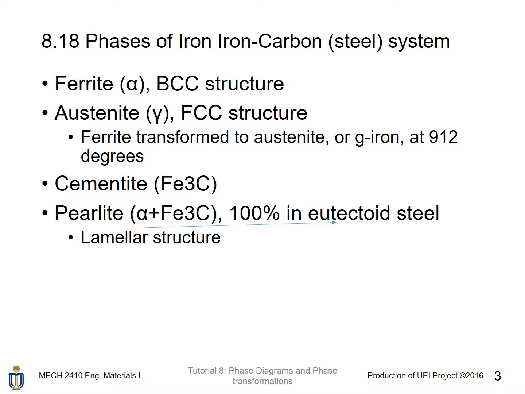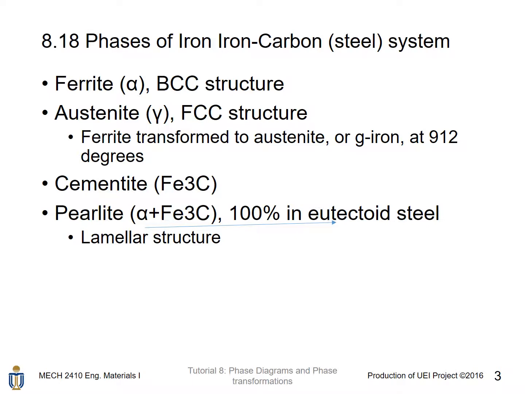It can only exist at a higher temperature. When ferrite transforms to austenite or gamma iron, it will transform at 912 degrees Celsius. Cementite is at the rightmost vertical line, which is Fe3C.